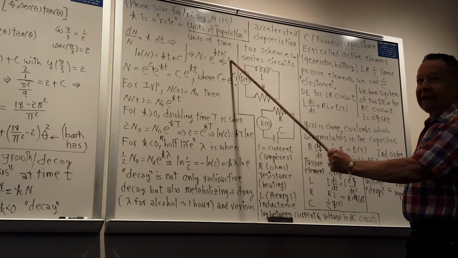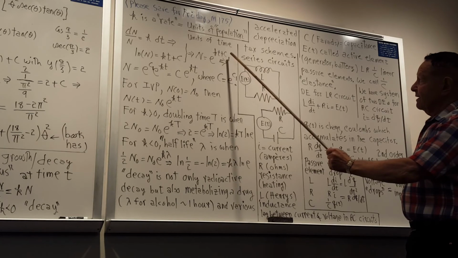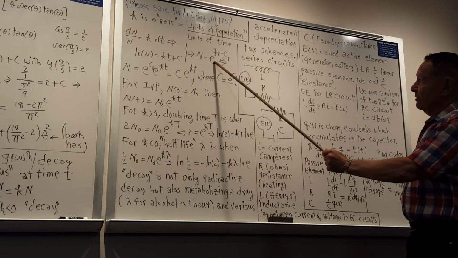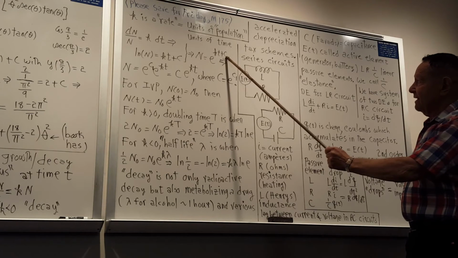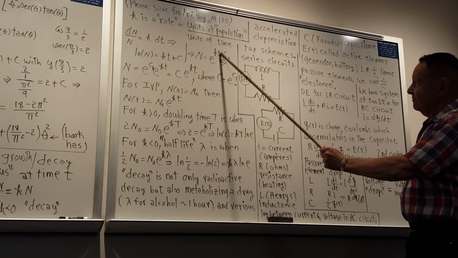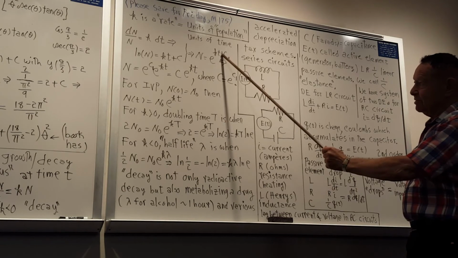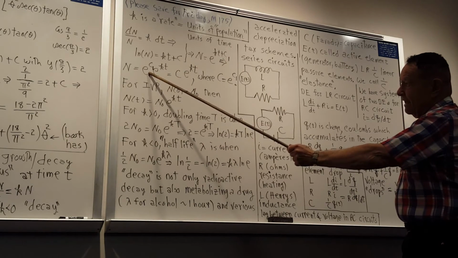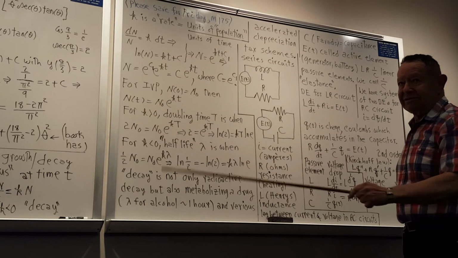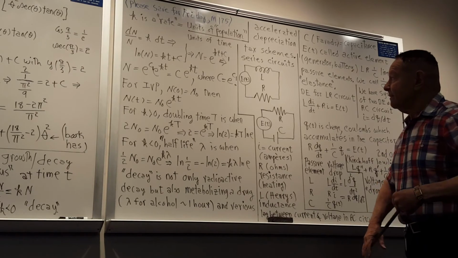Then you can play games, because by the laws of exponents, when you multiply powers of e, you add exponents, so you can factor when you have exponents added or subtracted like that. And then e to the c1 is just another constant you call c.